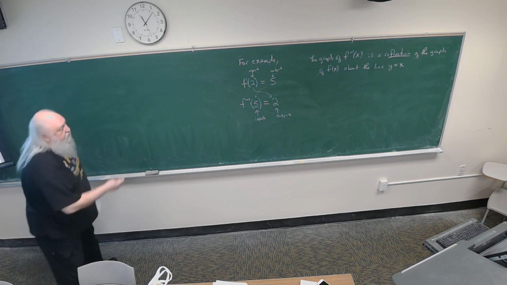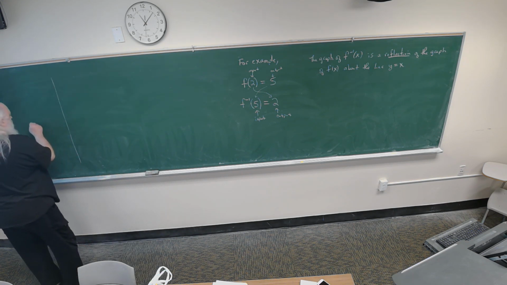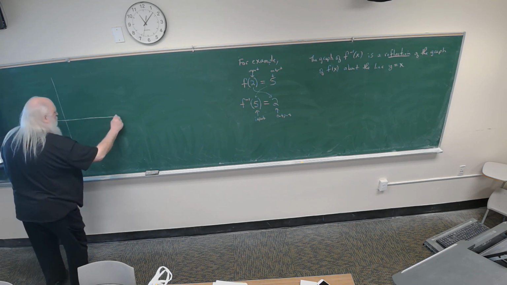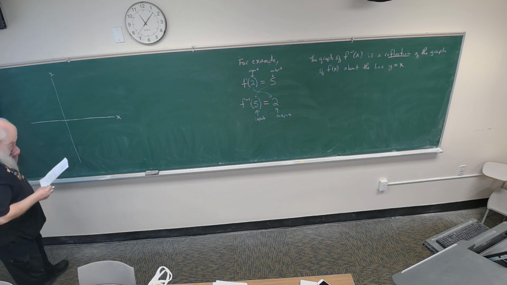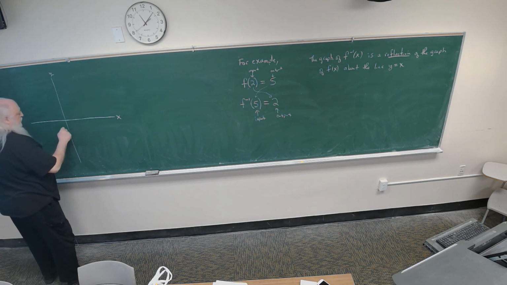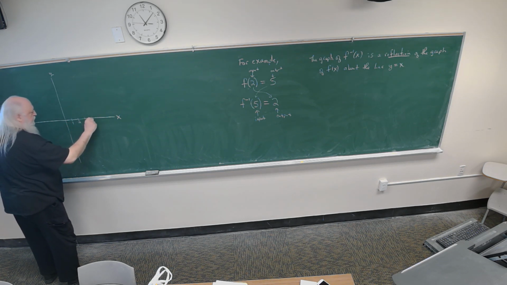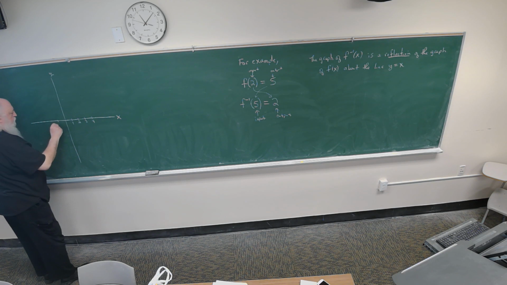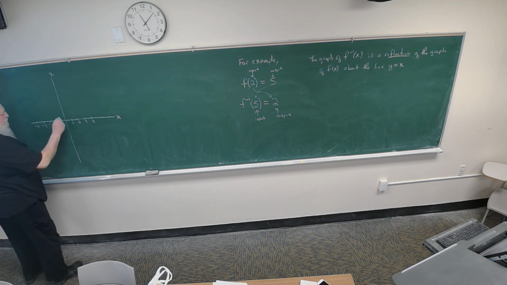So we'll demonstrate this. I'm going to draw a coordinate plane. X-axis, y-axis. Here's the origin. So x equals 1, 2, 3, 4, minus 1, minus 2, minus 3, minus 4. So that's the x-axis.